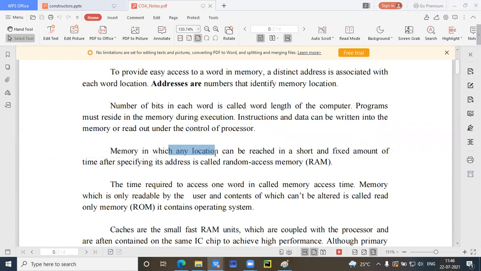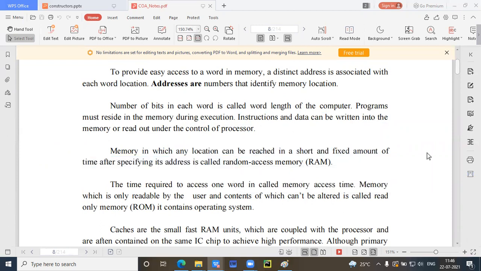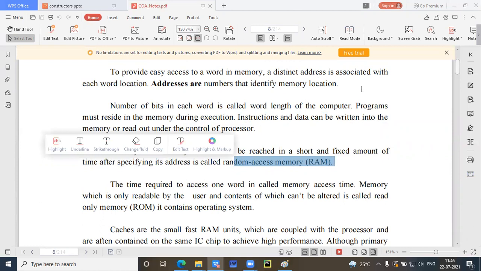Memory in which any location can be reached in a short and fixed amount of time after specifying its address is called random access memory, RAM. So the accessing speed of RAM is very fast.